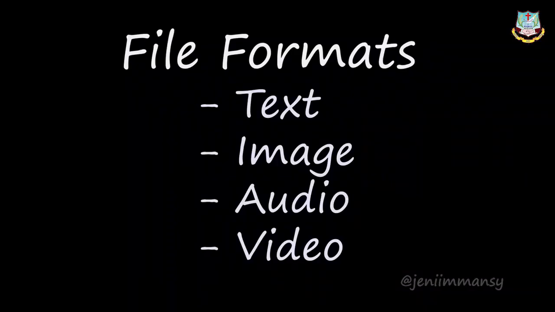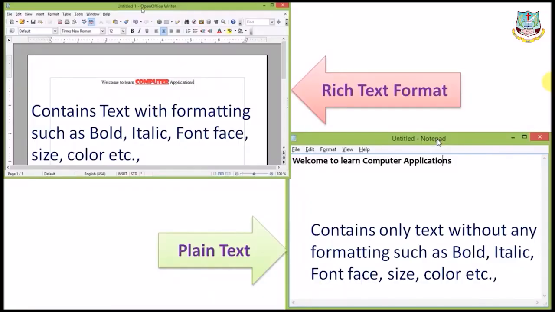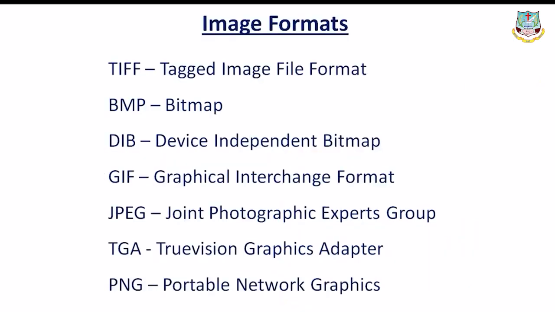We have seen the audio file format, video file format, image file format and text file format. We'll just revise it once. Text file formats are Rich Text Format and Plain Text Format. Image file formats are TIFF, BMP, DIB, GIF, JPEG, TGA and PNG.